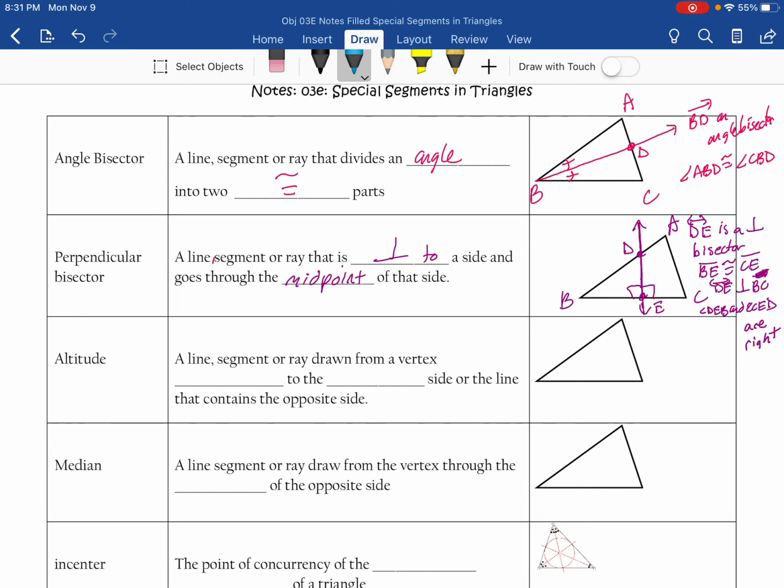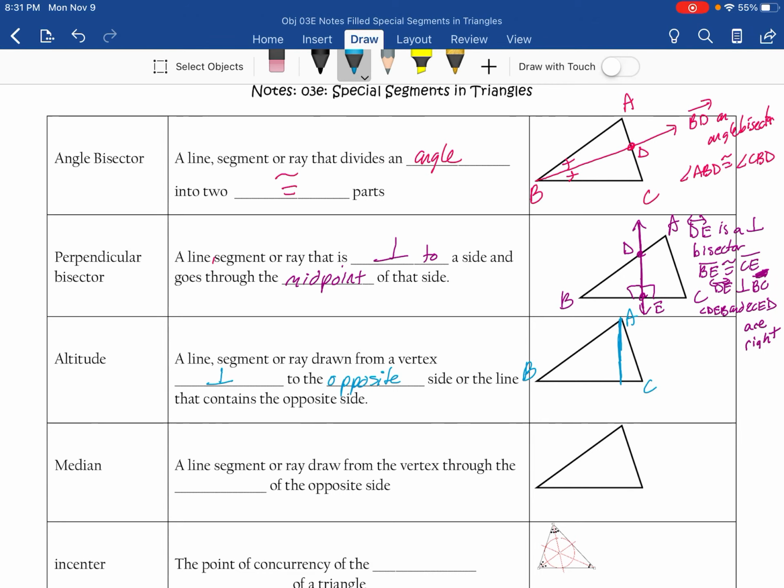Altitude is a line, segment, or ray drawn from a vertex perpendicular to the opposite side or the line that contains the opposite side. So every triangle has three altitudes, three perpendicular bisectors, three angle bisectors, and three medians. This one right here, if I was drawing it from here, this would essentially be the height.